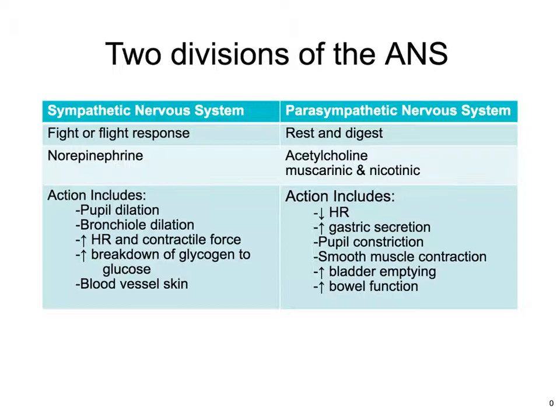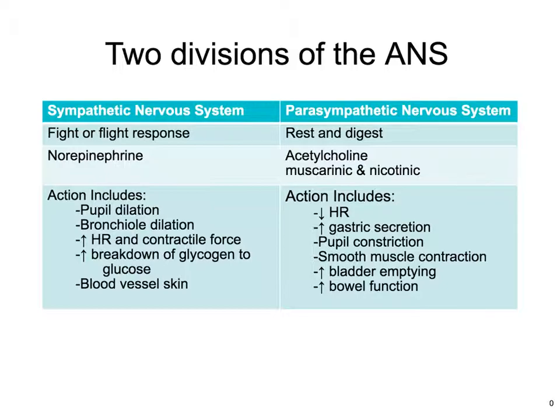So the two divisions of ANS. You have the sympathetic nervous system. The sympathetic nervous system stimulates the vital organs for the fight or flight response. The main neurotransmitter is going to be norepinephrine.